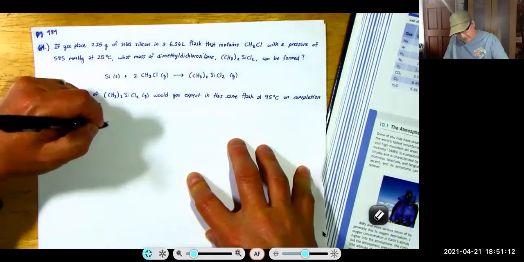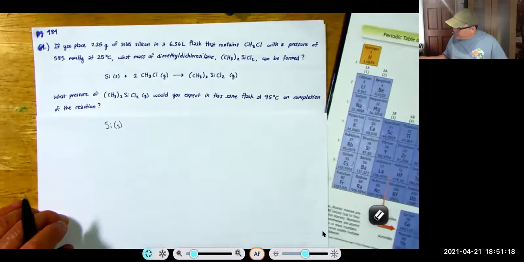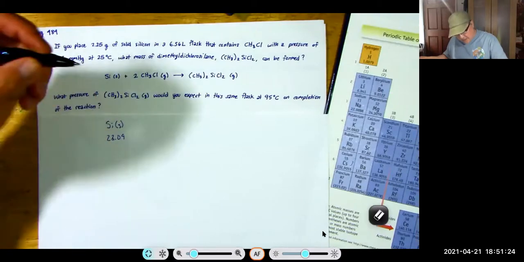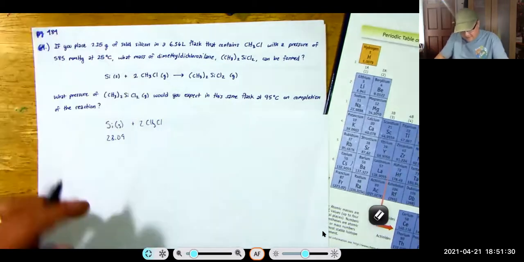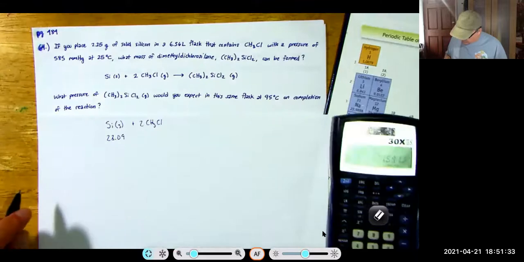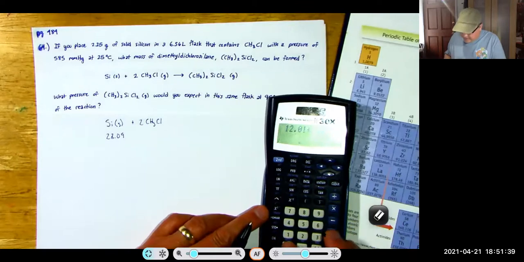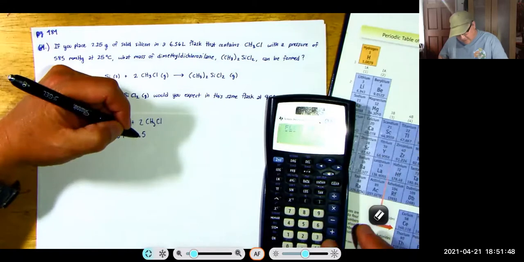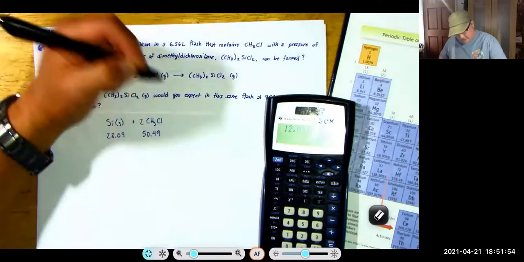So I'm going to write silicon, the molar mass is 28.09. 2CH3Cl, the molar mass of this stuff, is going to be 12.01 plus 3.03 plus 35.45. So the molar mass of this is 50.49.